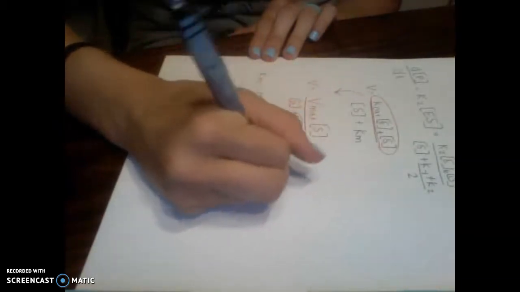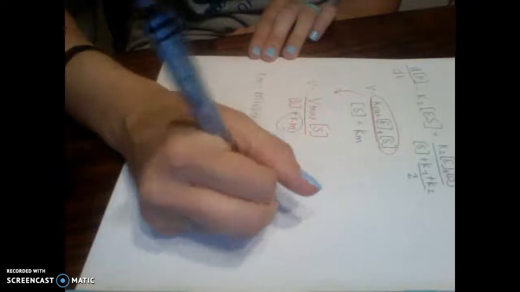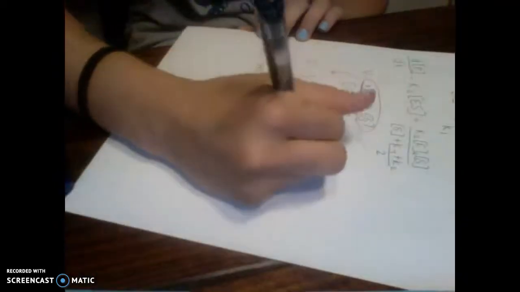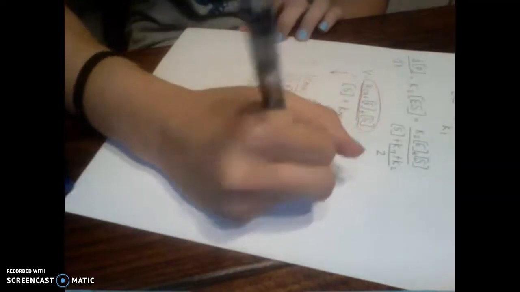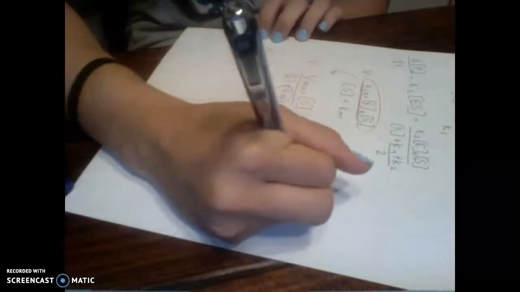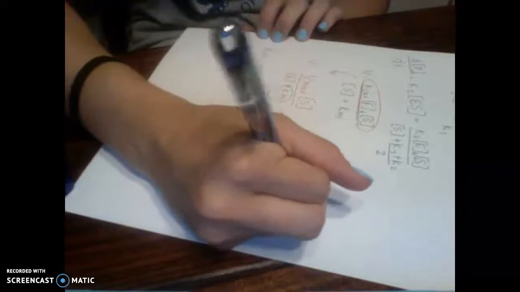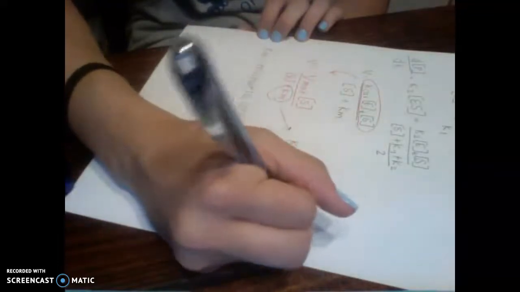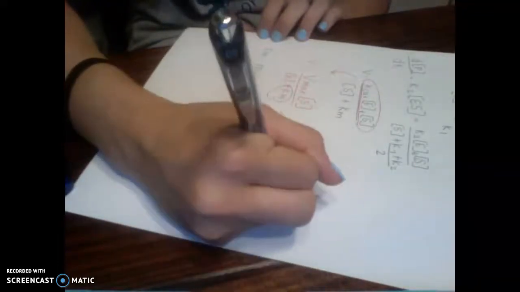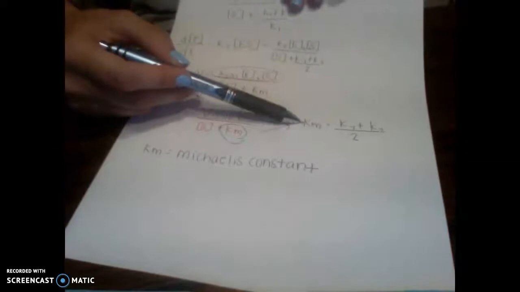So it's very important. Okay. So we recall that Km from our previous equation was equal to k negative 1 plus k2 over 2, right? So that's what our Km is equal to.